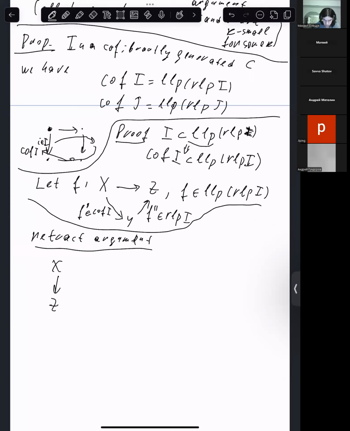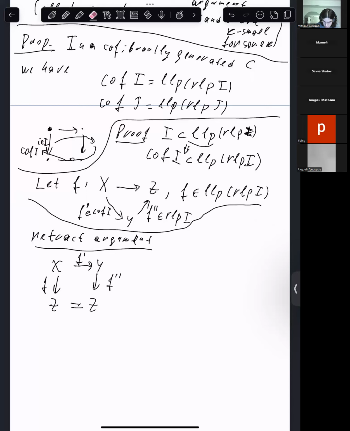So we have the diagram. f is factorized as the composition.